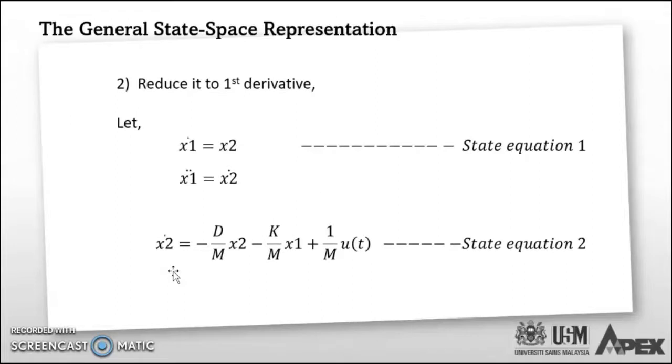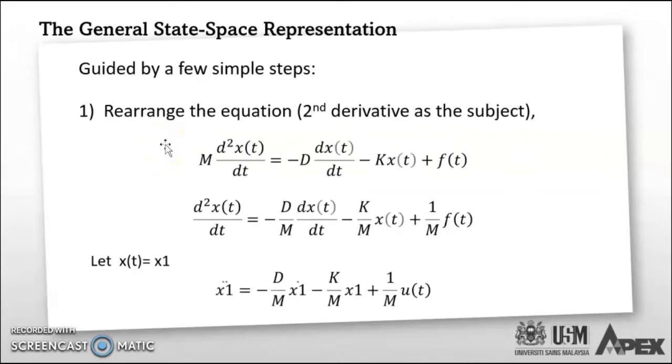And then next we reduce it to first derivative. The last time we assumed x(t) equals x1, but this time we assume x1 dot equals x2. Once we have this, we just substitute it in here.